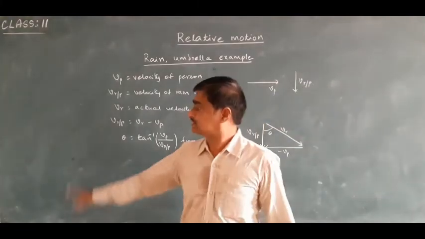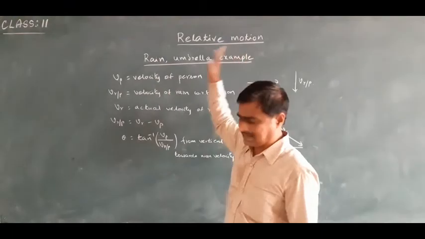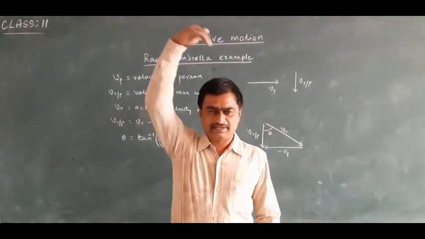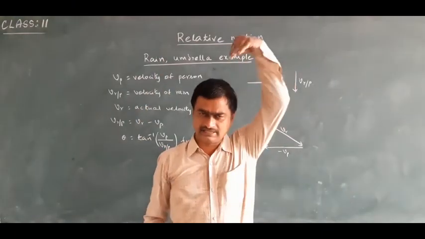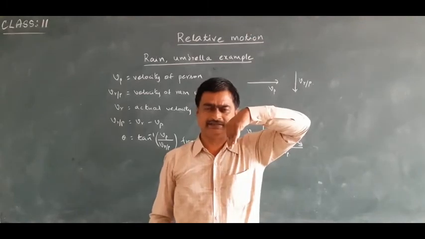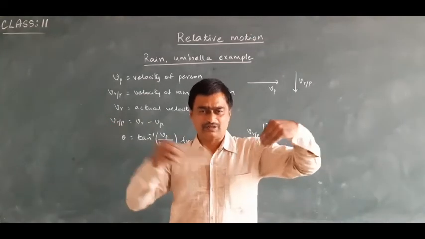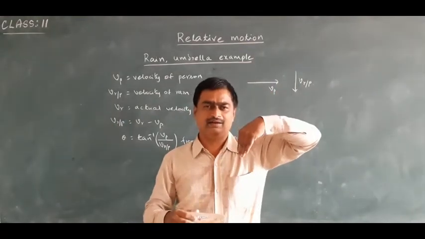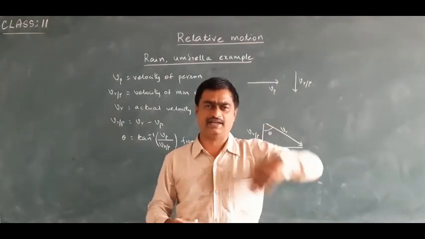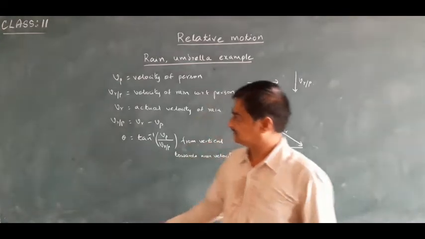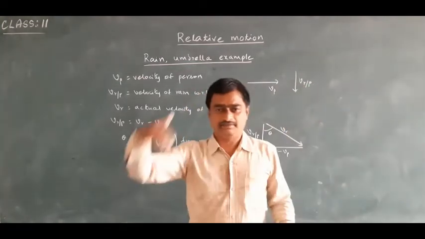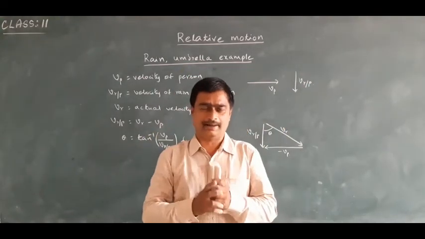Another application is the rain umbrella example. Rain is generally falling vertically, and we are walking like this. With respect to this person, we find the motion of the rain. If that is the case, how do we hold the umbrella?